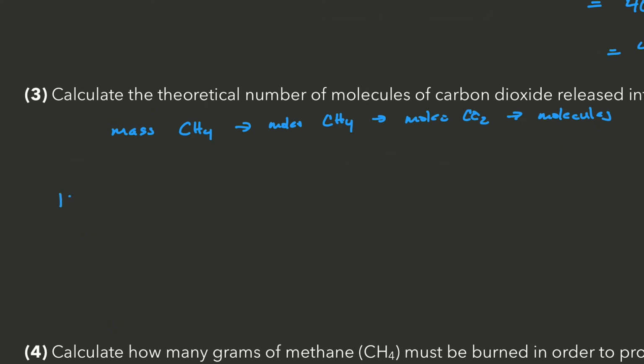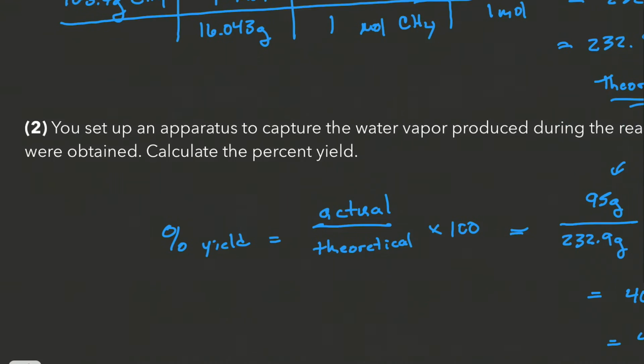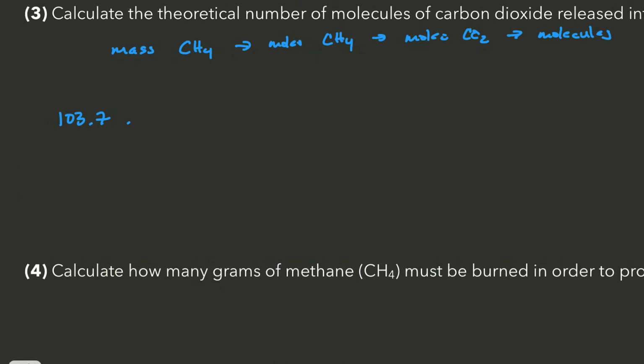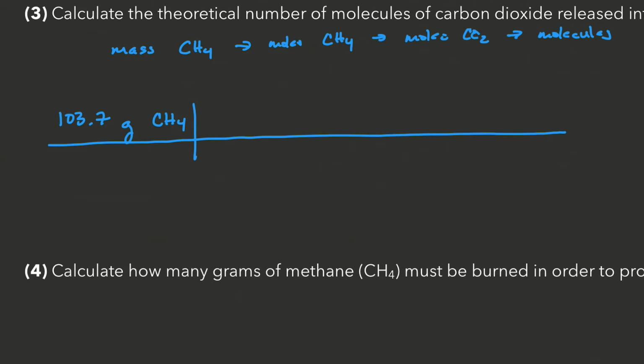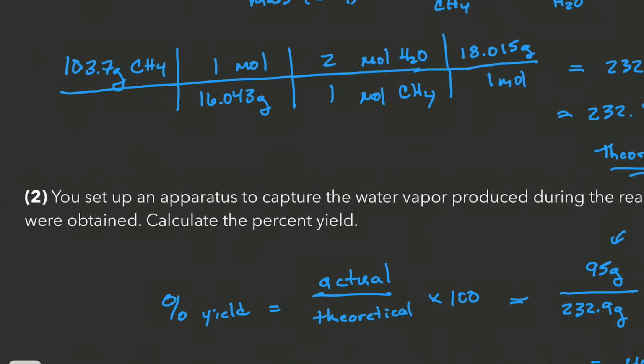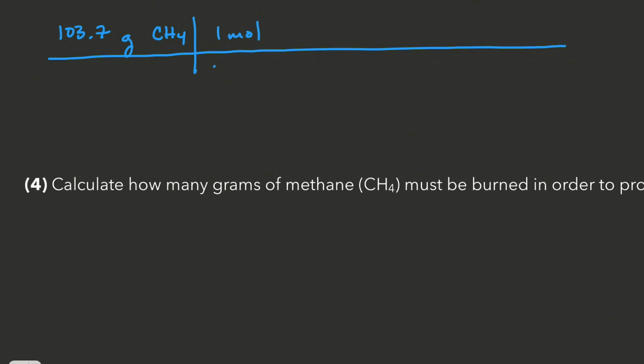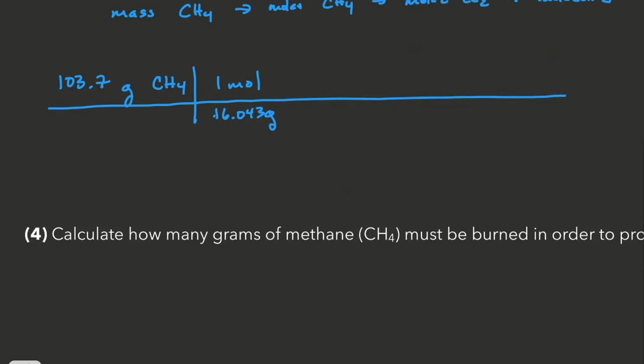So it's 103.7, I believe. Yep. Grams of methane, CH4. Train tracks. First step again is converting it to moles, using that molar mass, 16.043 grams.